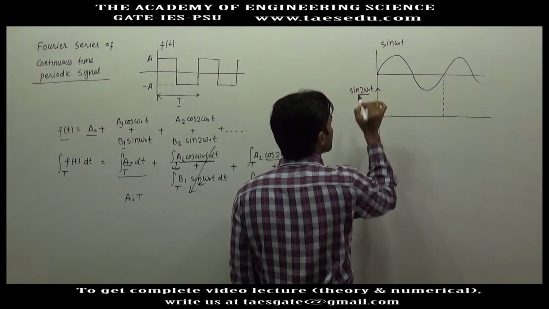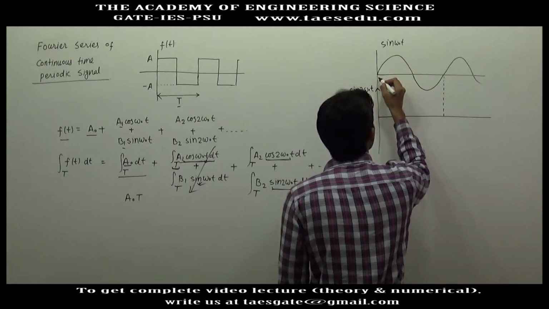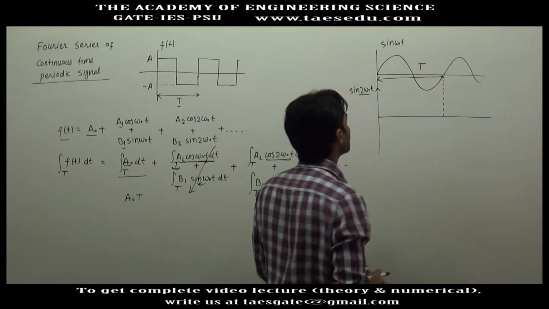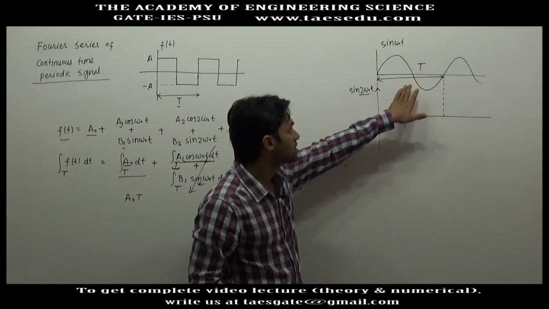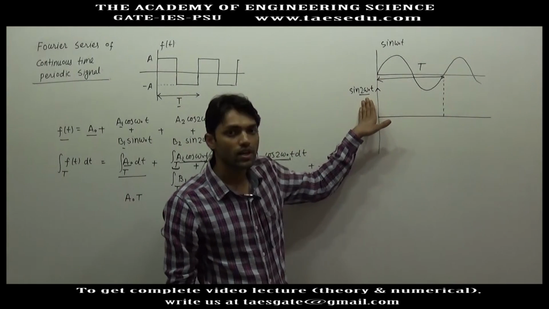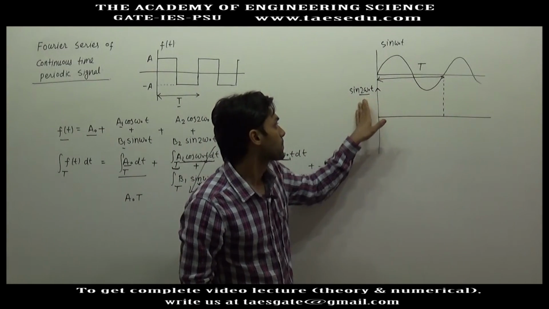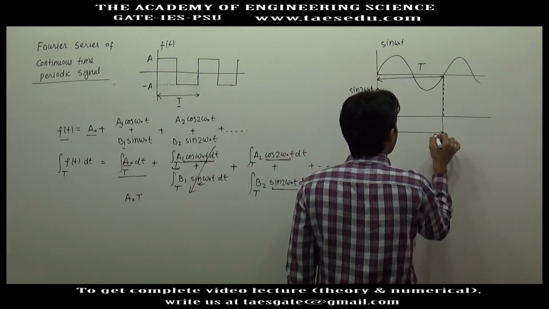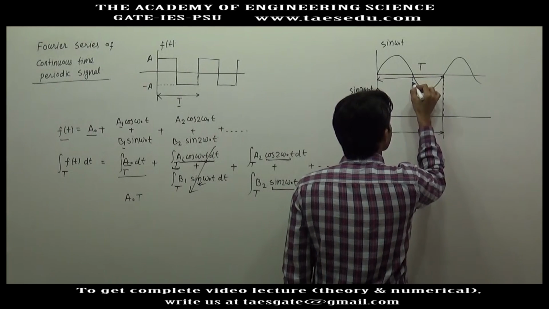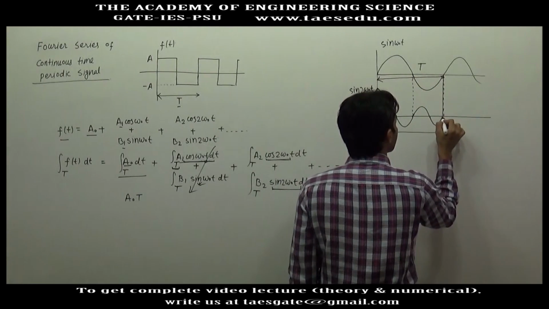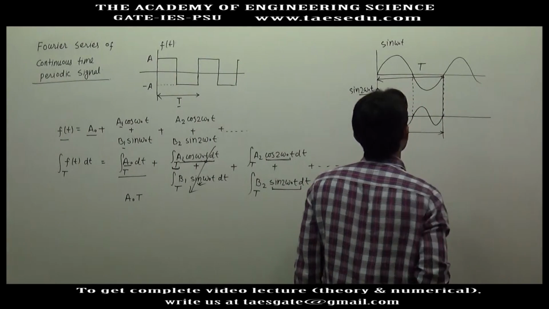Its frequency is double. It means that in the duration T in which sine omega naught t completes one cycle, in the same duration sine 2 omega naught t completes 2 cycles. Here one cycle and here 2 cycles.